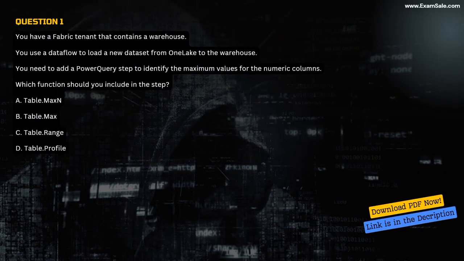Question 1. You have a Fabric tenant that contains a warehouse. You use a dataflow to load a new dataset from OneLake to the warehouse. You need to add a Power Query step to identify the maximum values for the numeric columns. Which function should you include in the step? A. Table.MaxN.